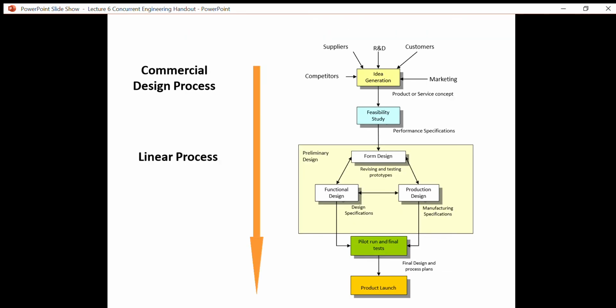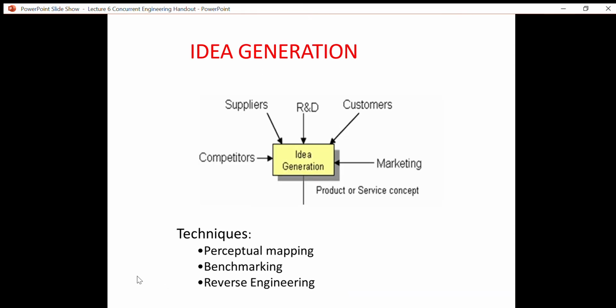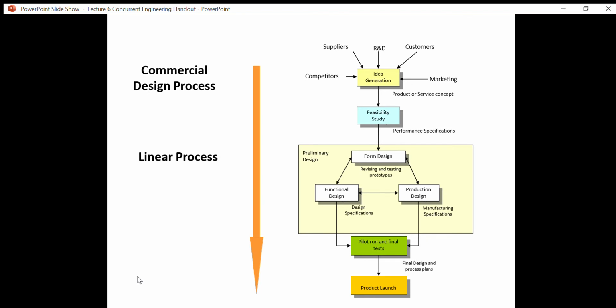So from this chart, you can see the linear process for the commercial design process for the development of a product. As we learned before, we have product design and process design.